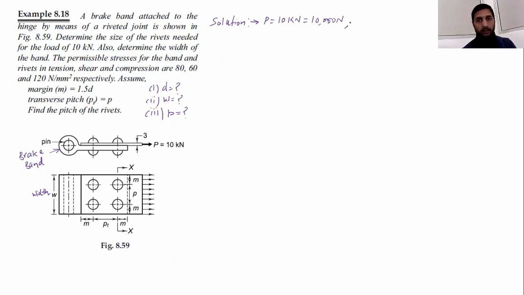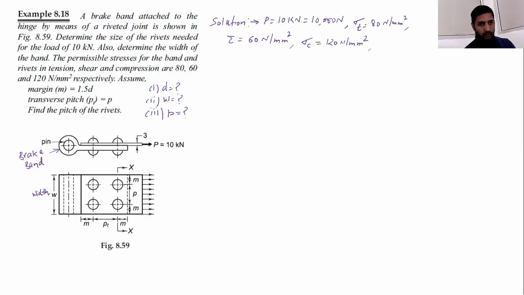Sigma T will be equal to 80 Newton per mm square. Then we have permissible shear stress, tau, equal to 60 Newton per mm square. Then we have permissible compressive stress as 120 Newton per mm square.